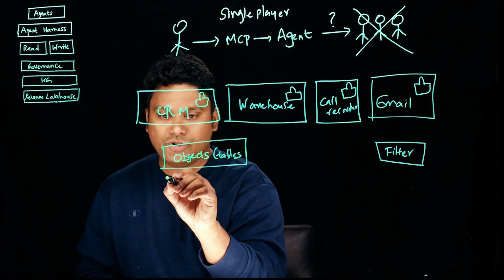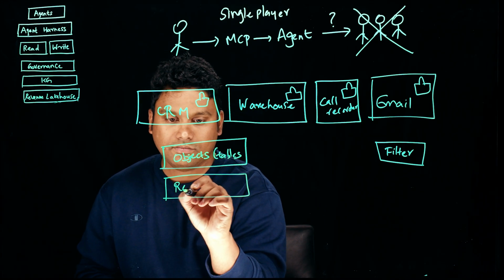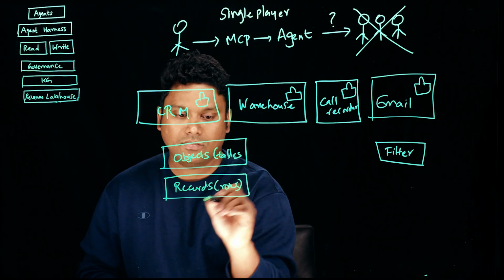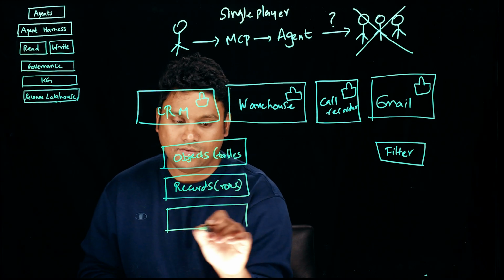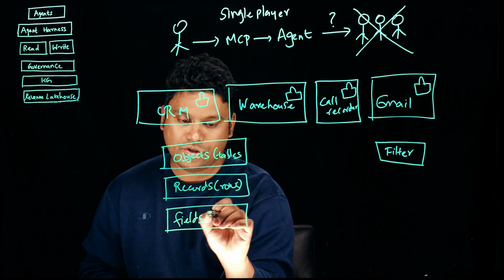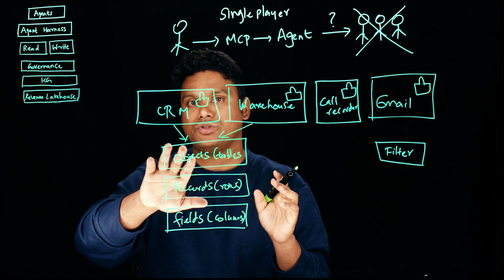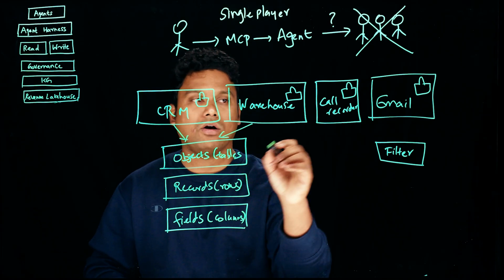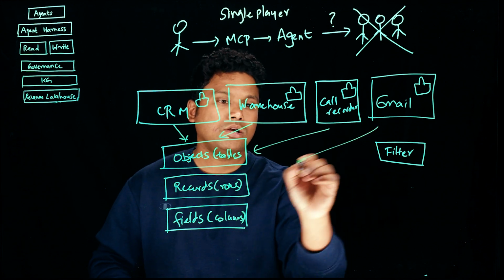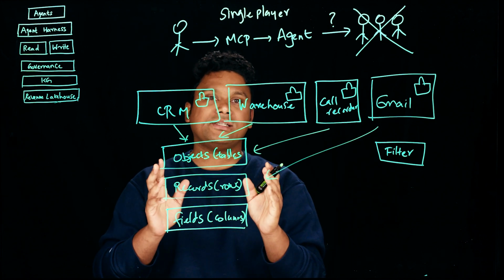Access to records, which are your rows. And access to fields, which are your columns. Nearly everything a CRM does is a combination of those 3, and the same holds for your warehouse catalog and other systems.